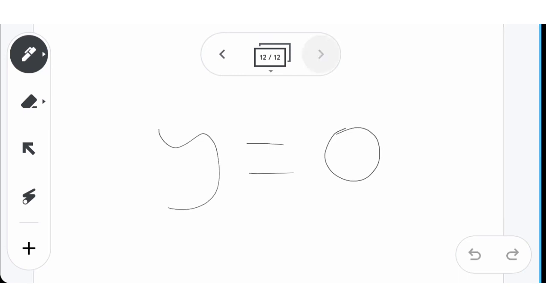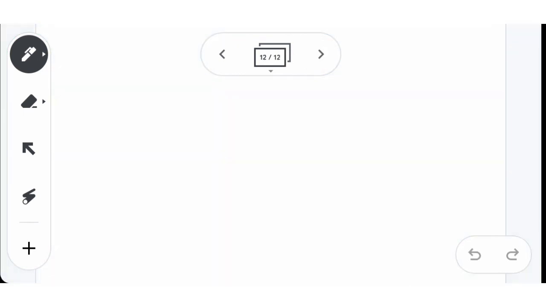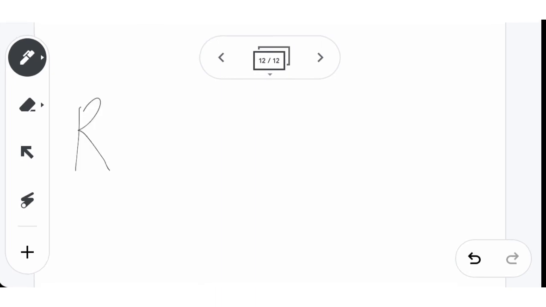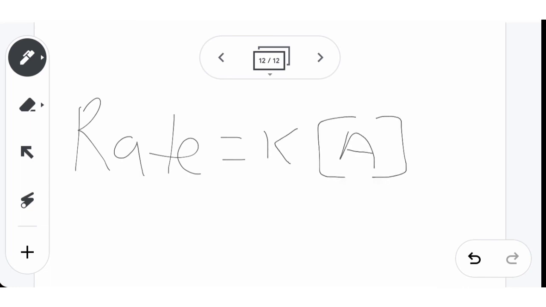So we can write the rate law expression. So rate equals k, then A raised to the power 1. If this is 1, we don't have to indicate 1. Then B is raised to the power 0.